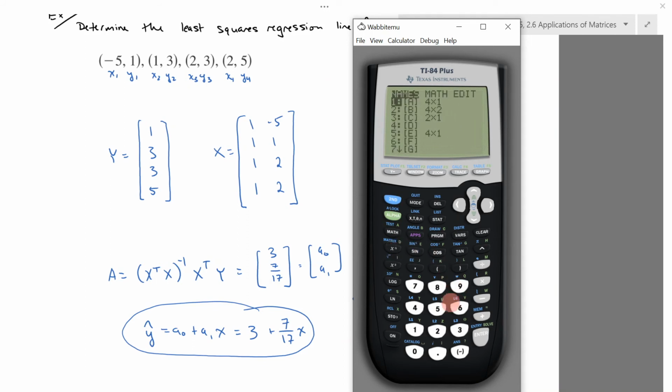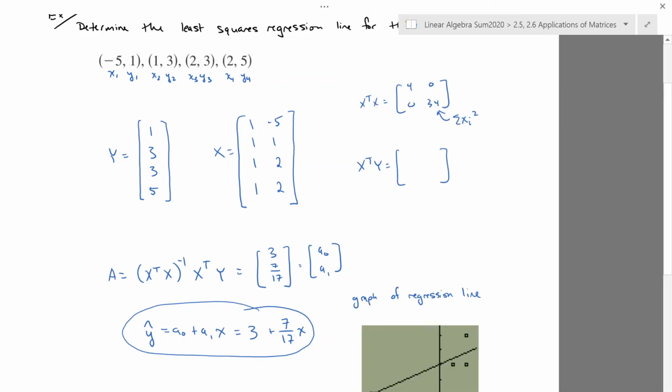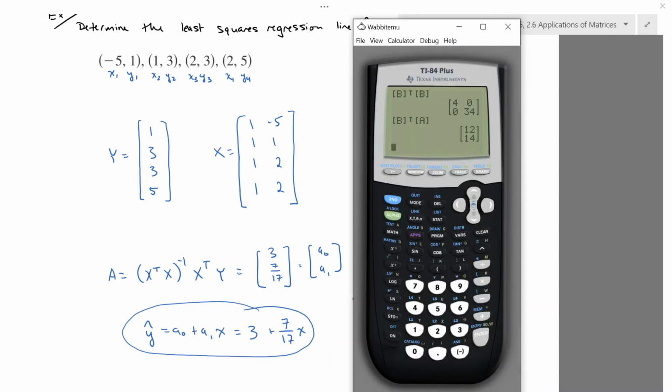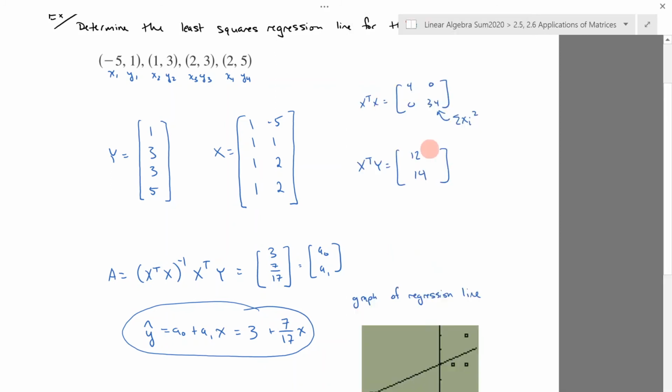And then this X transpose y: X was B, then I need the transpose, then y was A, so that's this, 12 and 14. Right, so this 12 is the sum of the y's, right?